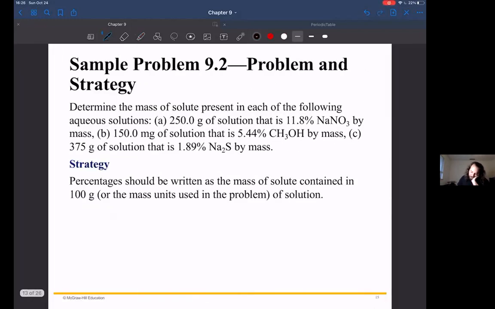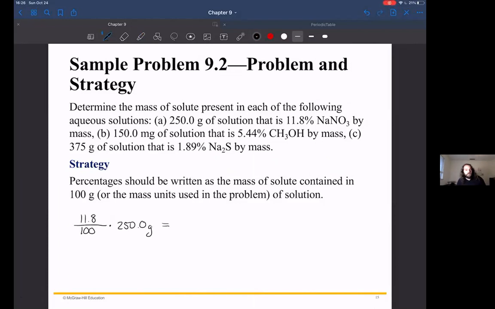Okay, so 250.0 grams of solution, that's 11.8% sodium nitrate by mass. What is the mass of solute? So now I have 11.8 divided by 100 times the 250.0 grams of solution.